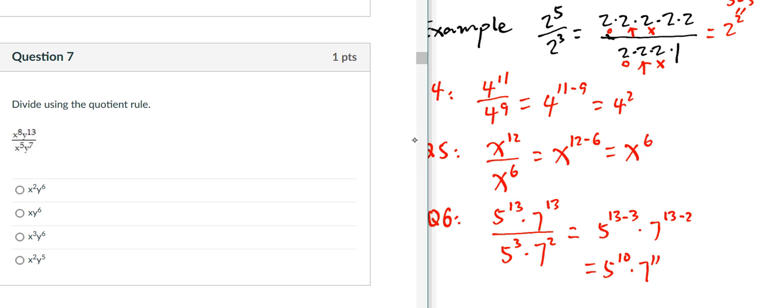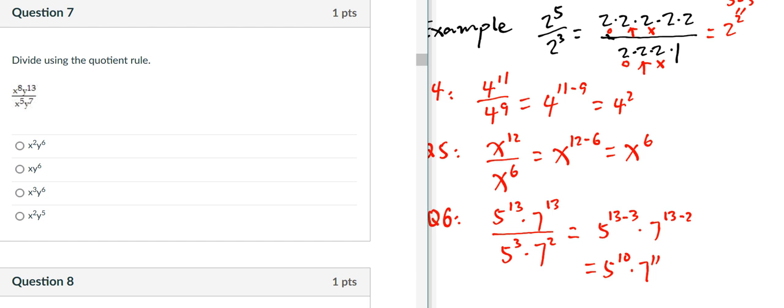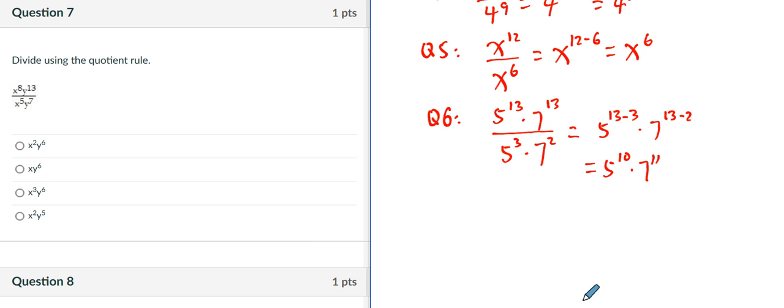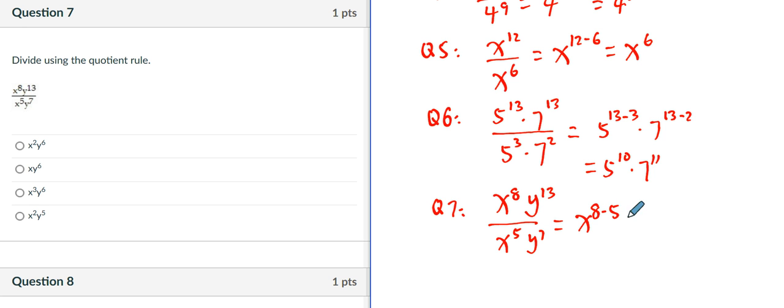Here again is the variable now. So for the variable, we do the same thing. We have x to the 8th power, y to the 13th power. Downstairs is x to the 5th power, y to the 7th power. So we do x to the 8 minus 5, y to the 13 minus 7.